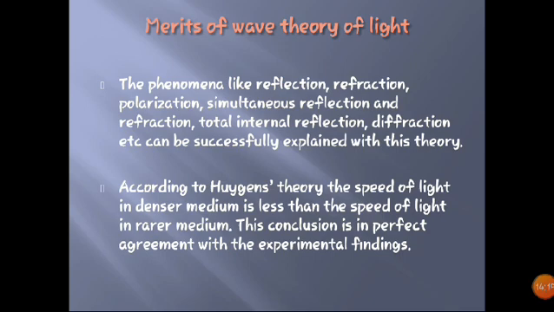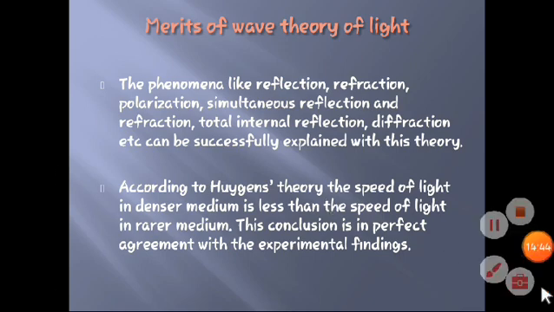Second, as we have discussed, Newton said that velocity of light in denser medium is more than in rarer medium, which was exactly opposite. So this has been proven by Huygens, according to whose theory the speed of light in denser medium is less than the speed of light in rarer medium.